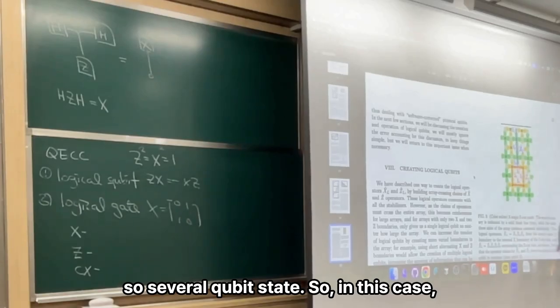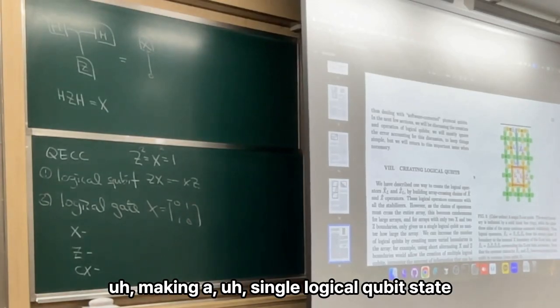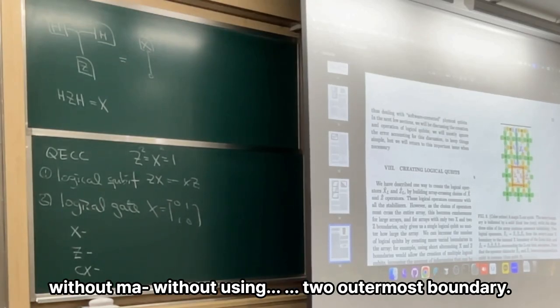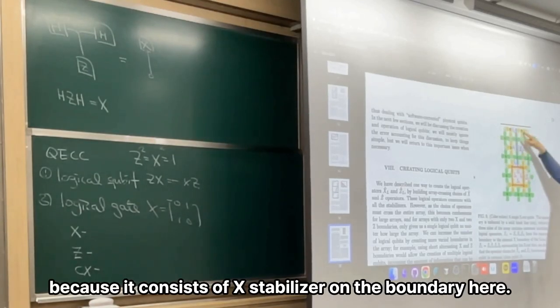In this case, it gives you one example of making a single logical qubit state without using the two outermost boundaries. So here is one boundary. It's a smooth boundary because it consists of X stabilizer on the boundary here.